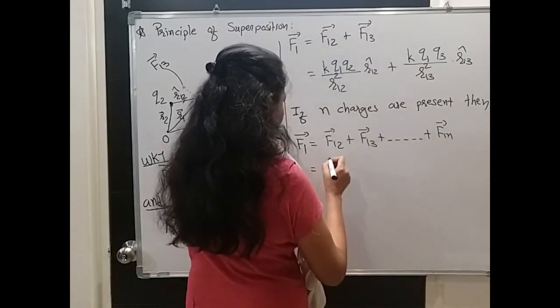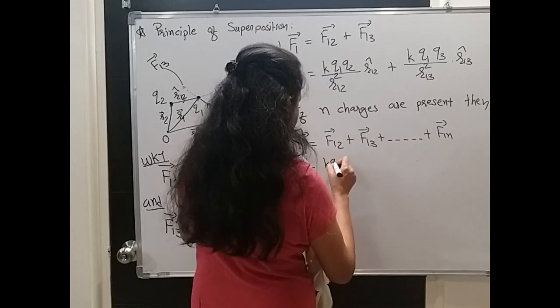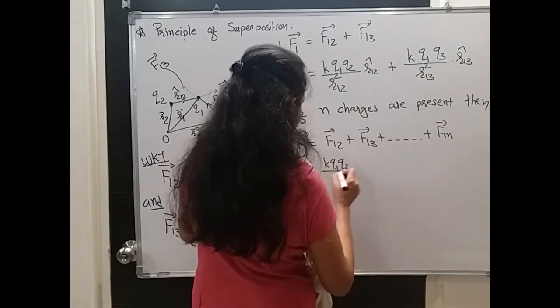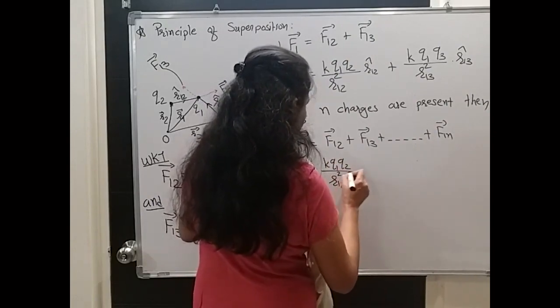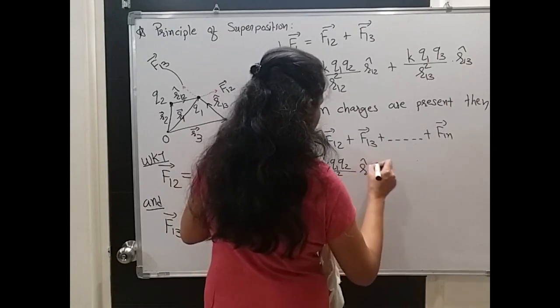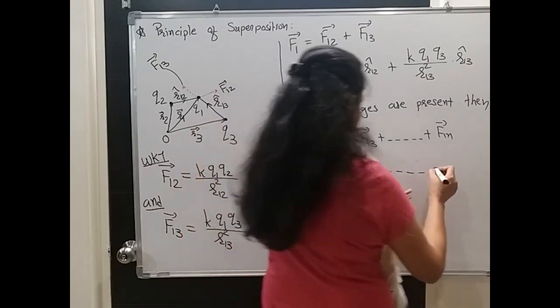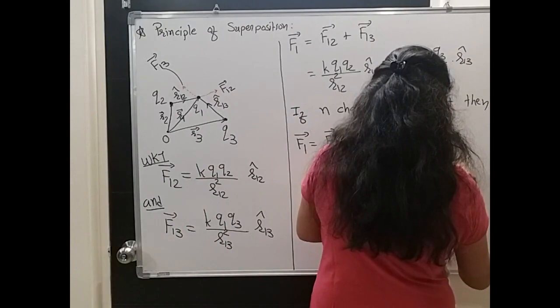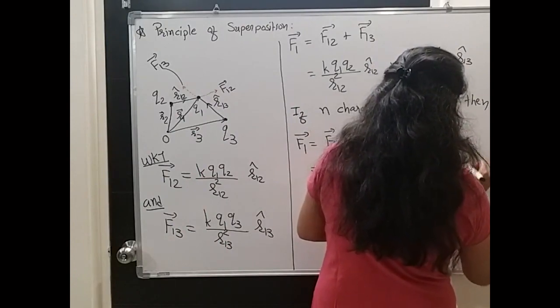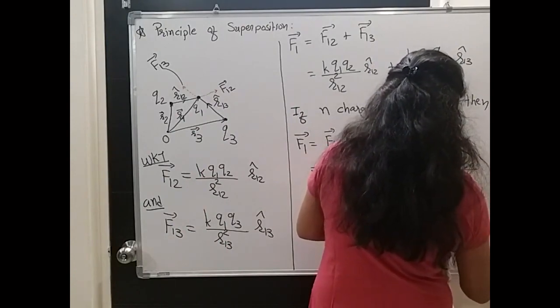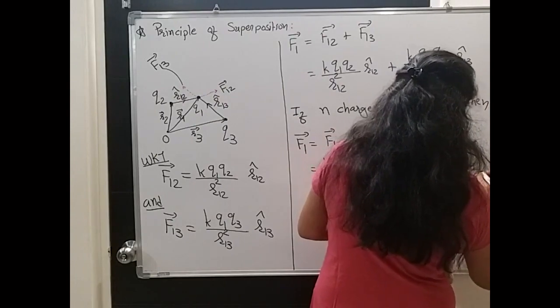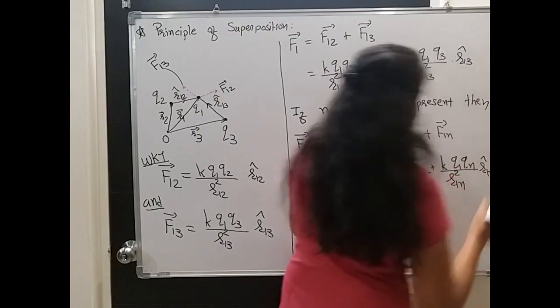So it is K Q1 Q2 upon R12 square unit vector R12 up to K Q1 Qn upon R1n square unit vector R1n.